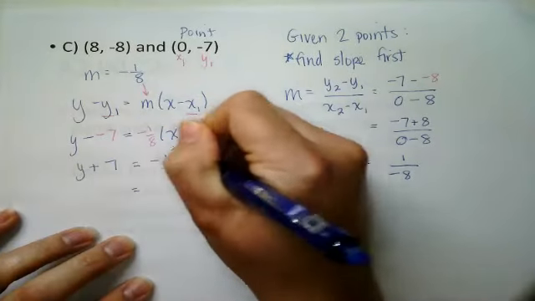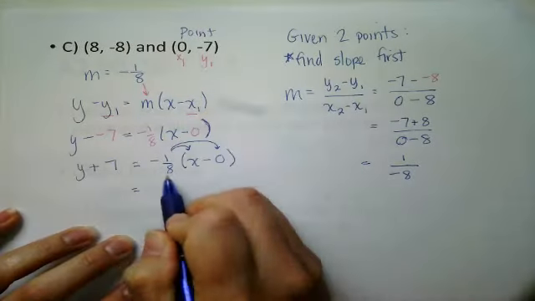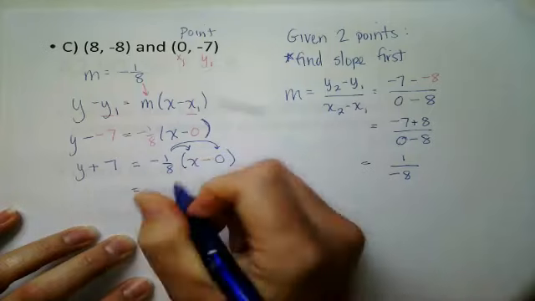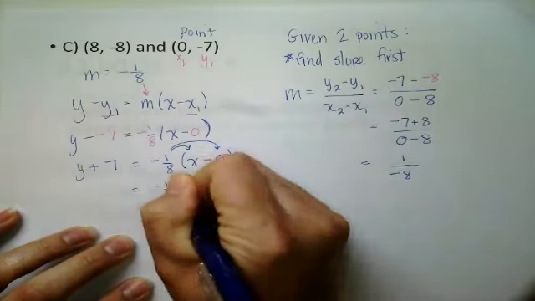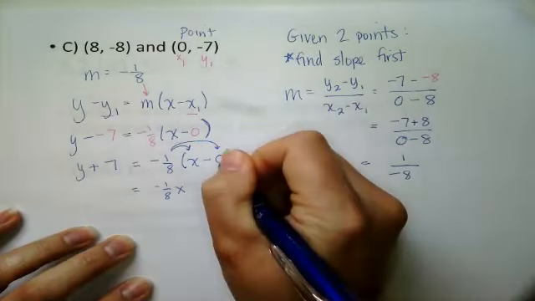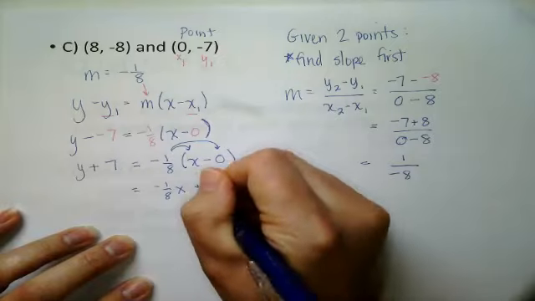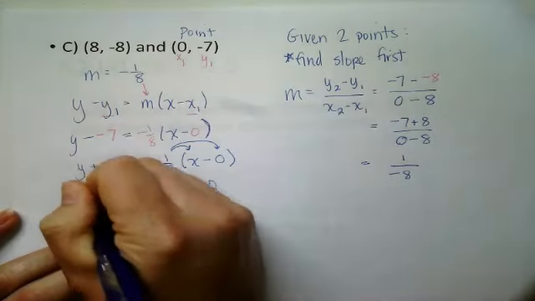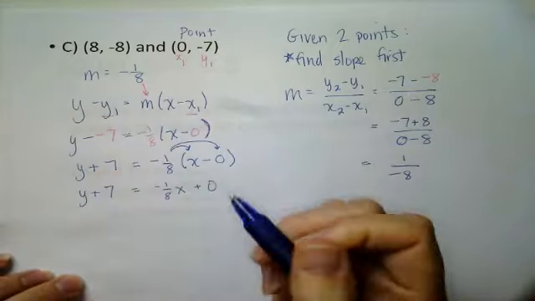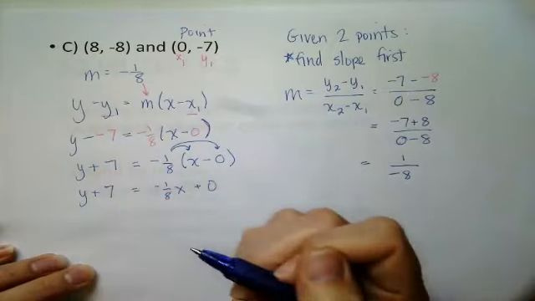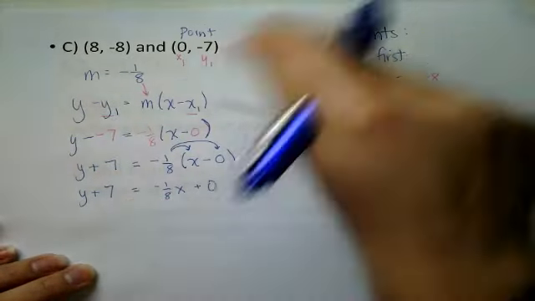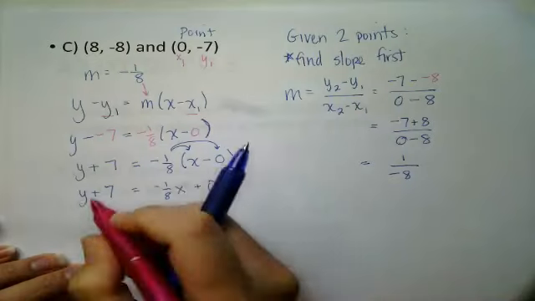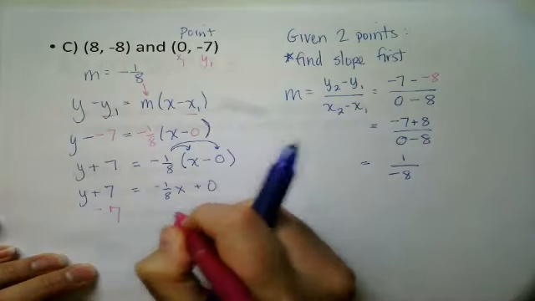But just because you're used to certain procedures, I'm going to go ahead and distribute. Negative 1/8 times x is negative 1/8 x. Easy. Negative 1/8 times negative 0 is 0. Any number times 0 is 0. And again, I don't really have to write that, so I'm going to leave it off now. But I can go ahead and isolate the y, subtracting 7 from both sides.